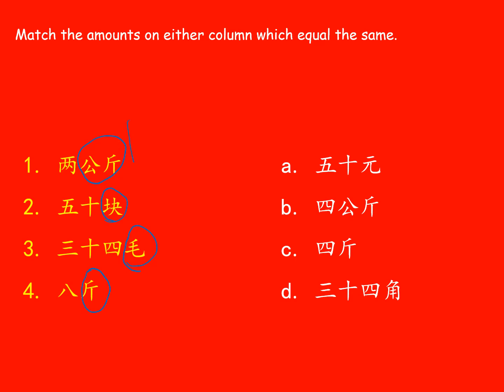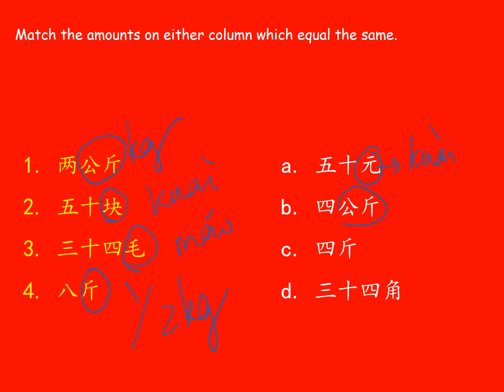So 公斤 kilograms. 块 is the unit. 毛 is the smaller unit, not the smallest, the medium one, and 斤 half a kilo. So on the right hand side, we got yuan. It's the more formal way of saying 块.